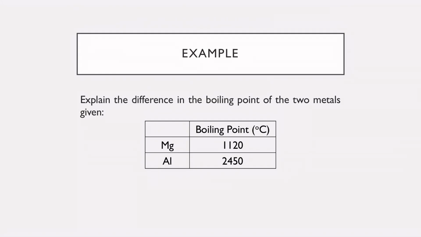Okay. Just now, we know that the strength of metallic bond is directly proportional to the number of valence electrons over size of positive ion, right?